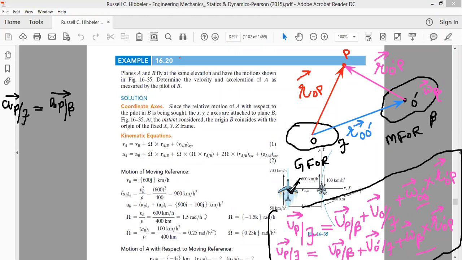That is here: acceleration of aircraft A with respect to ground is equal to acceleration of aircraft A with respect to aircraft B. That's what we are writing.